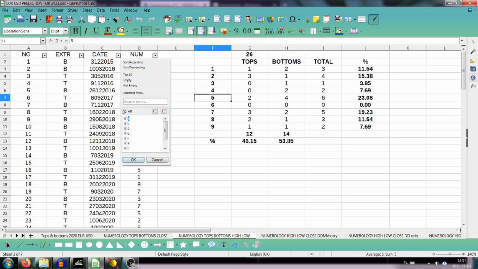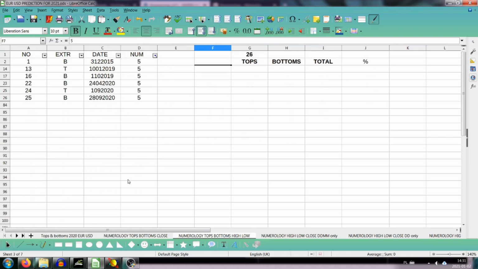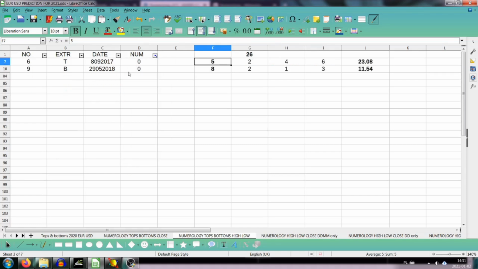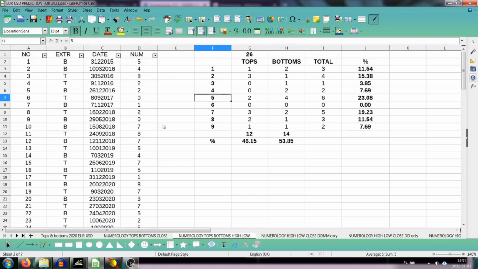When I filter it over here and show you 5, it got 1, 2, 3, 4, 5, 6 times out of 26, which is why it gives us 23%. If we go to number 9, which is equal to 0 in numerology, it appears only 2 times. So in this way, you see, 5 is the ruler as a numerological value.